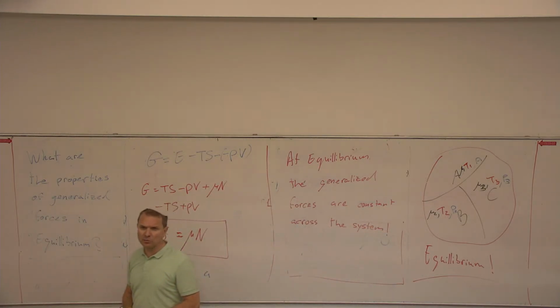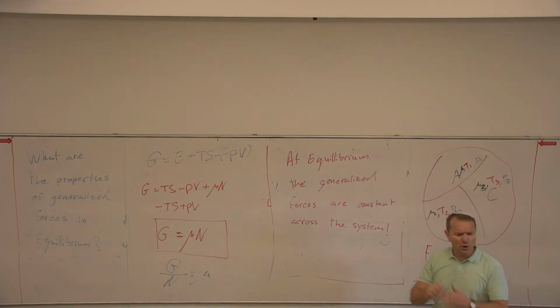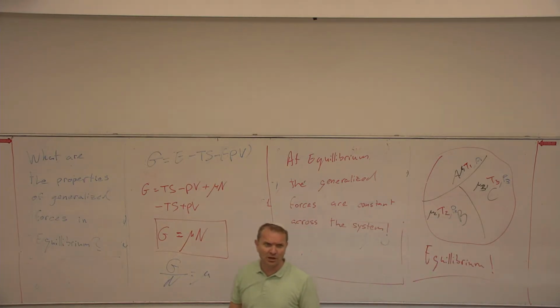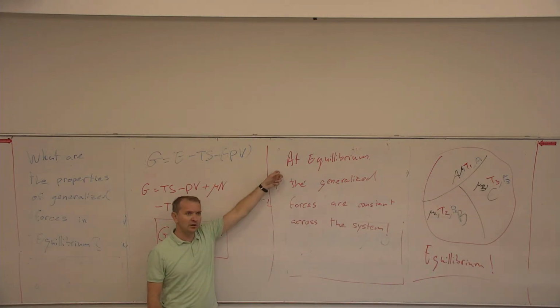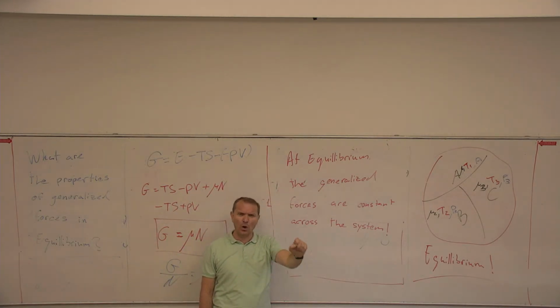It doesn't matter what my generalized force is. You can invent some other variable and there is going to be an associated generalized force with this variable. At equilibrium, it will always be exactly the same everywhere across your system.